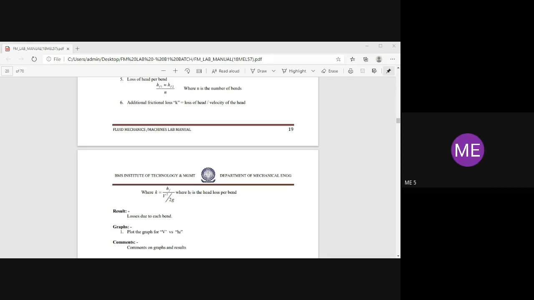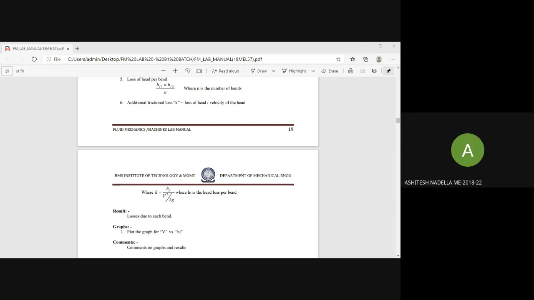What about HF1, HF2? HF1 I got 0.189. What is the meaning of HF1? Can you tell me? Loss of head, sir. HF2 also loss of head. What is the difference between HF1 and HF2?